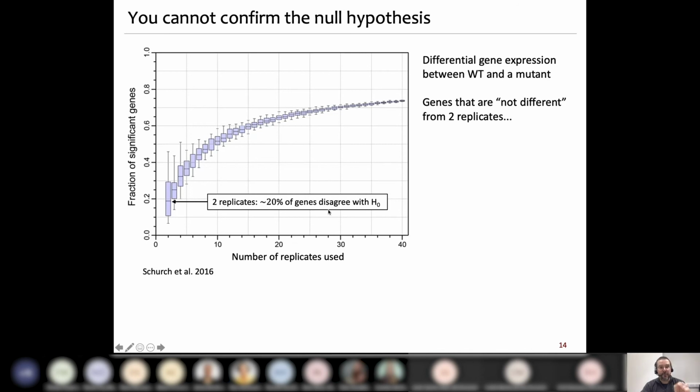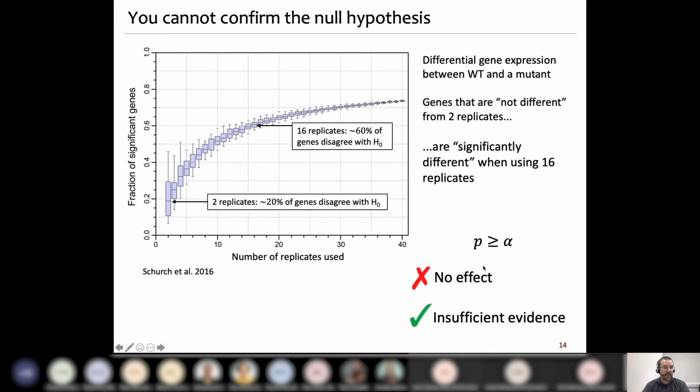That means if you have two replicates, you will discover 20% of genes that disagree with H0, or they reject H0. But that doesn't mean that the remaining 80% of genes do not change. Because if you do this experiment in 16 replicates, then 60% of genes disagree with H0.